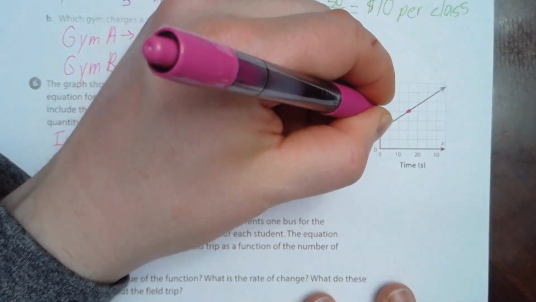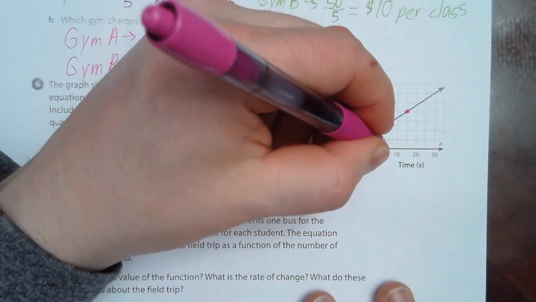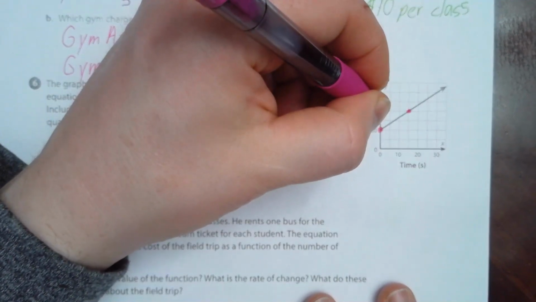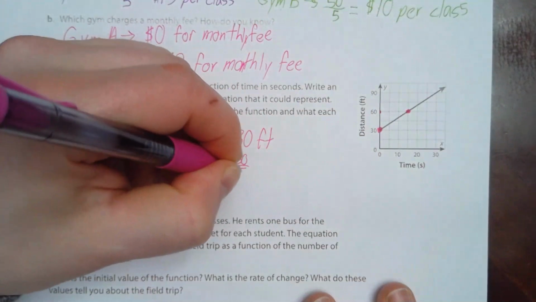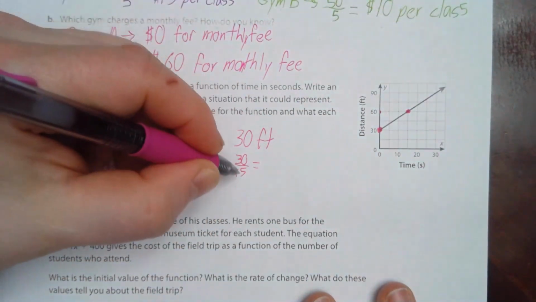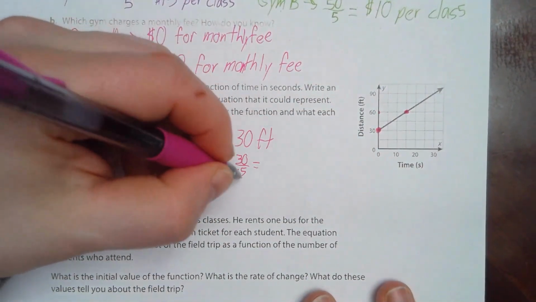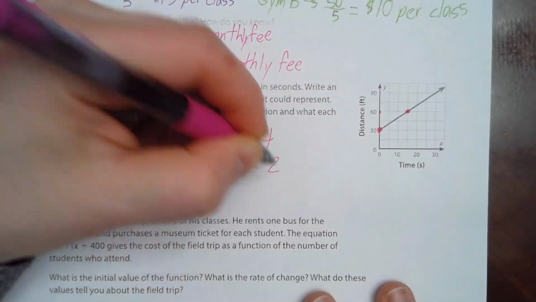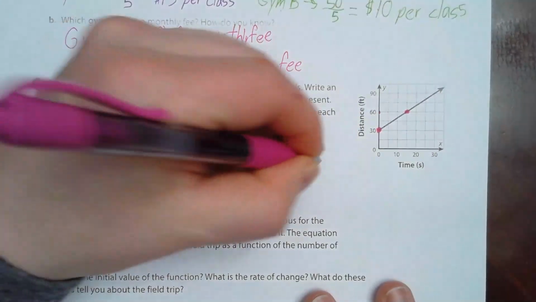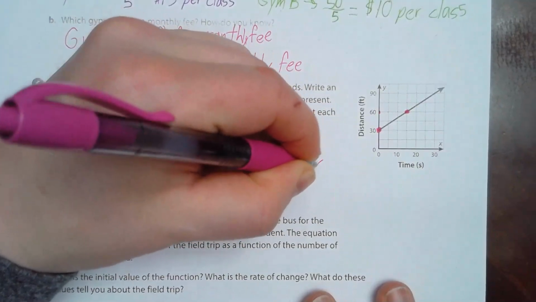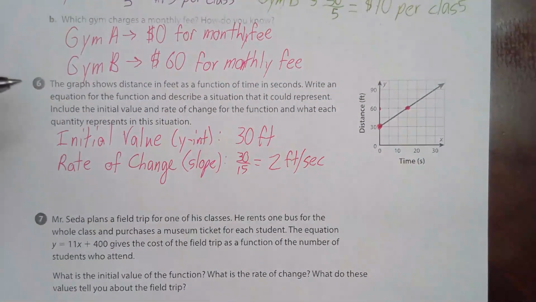We're getting from 30 to 60. And then it looks like it's counting by 5s down here. So 5, 10, 15. 30 divided by 15, change in the y divided by a change in the x, is 2 what? It looks like 2 feet per second. Well, what could this describe?